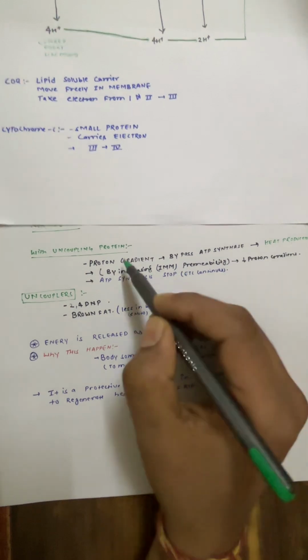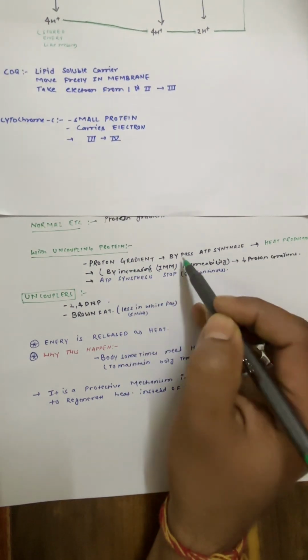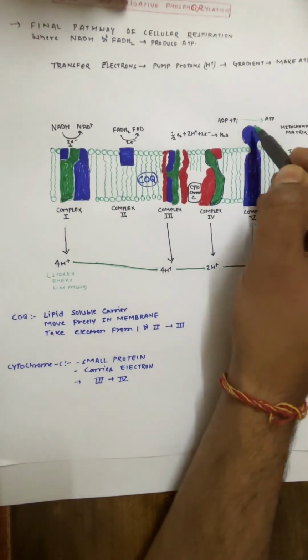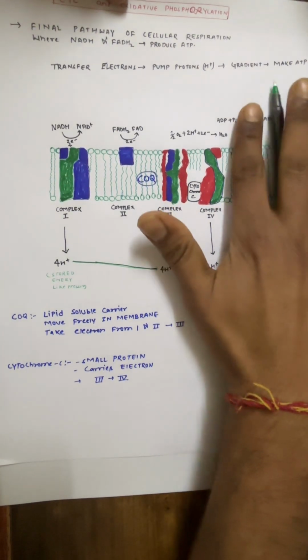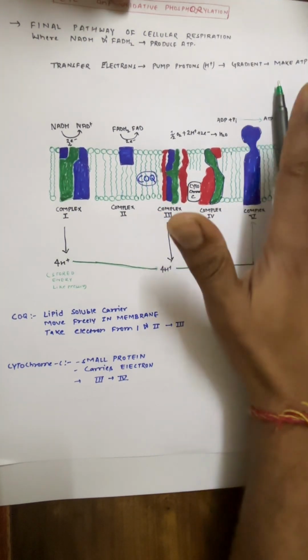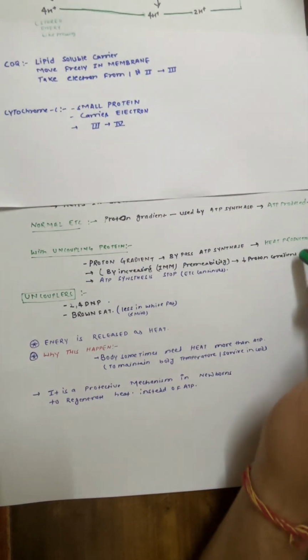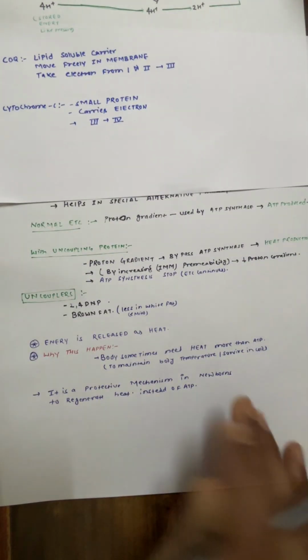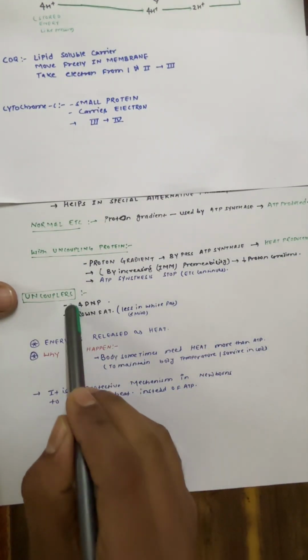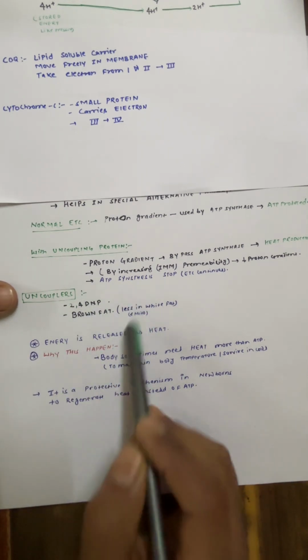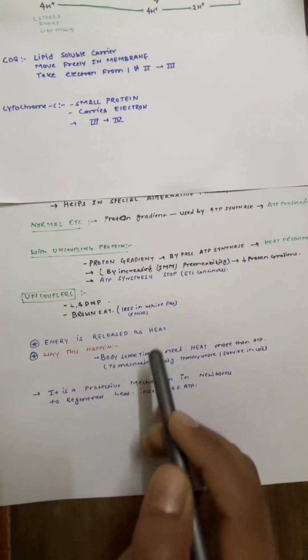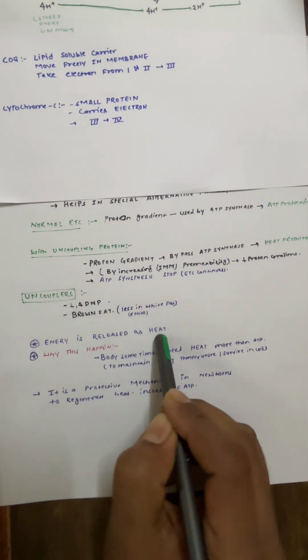But in the case of uncoupling protein, they bypass this ATP synthase step, and by bypassing this step, heat is produced. There are two main uncouplers, 2,4-DNP and brown fat in our body. So ATP is not produced, but the energy is released as heat.